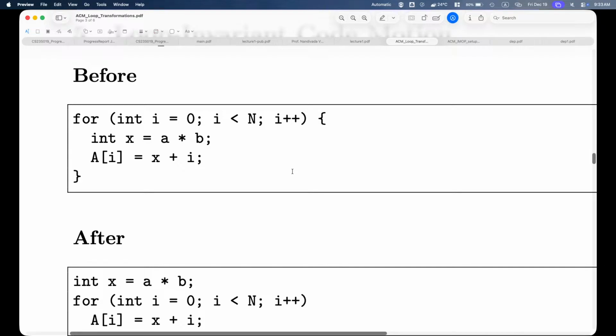I'll just make one more addition. So I'm saying this can also go up, correct?